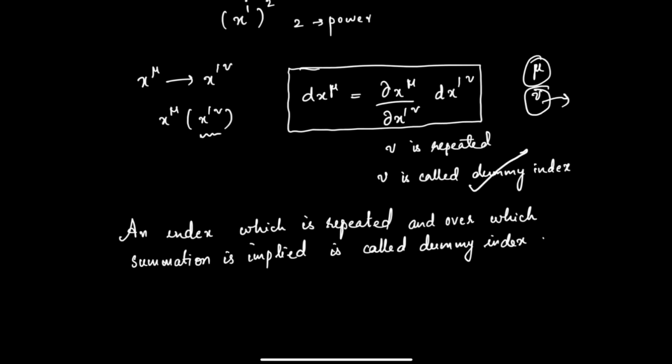For example, I can replace nu with i, j, k or alpha, beta, anything. But I cannot replace mu with any other index. And I cannot replace nu with mu also. That is also not possible because that is already appearing in the term.